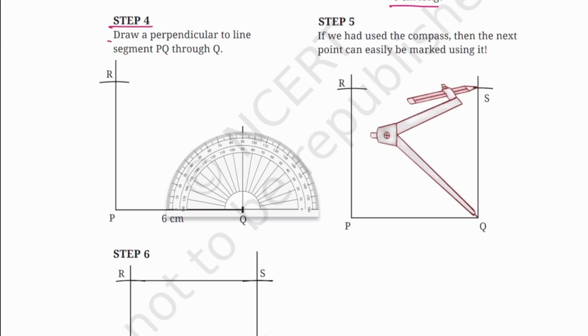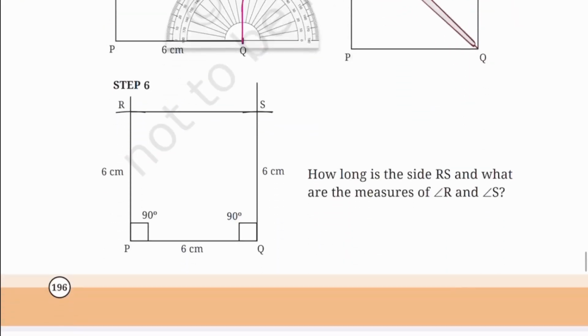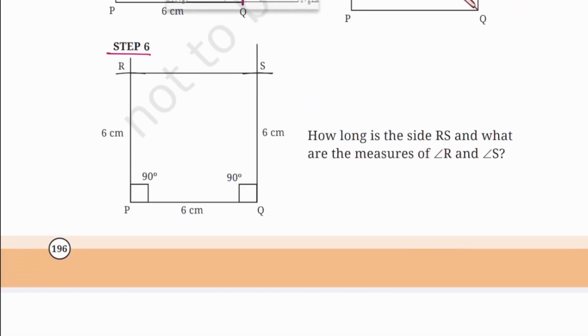Step 4. Draw a perpendicular to line segment PQ through Q. Step 5. If we had used the compass, then the next point can easily be marked using it, like this. Step 6.